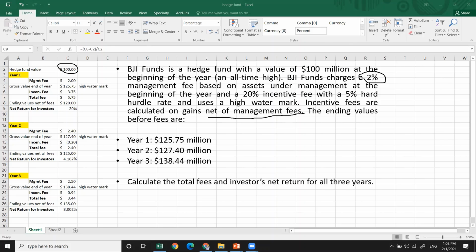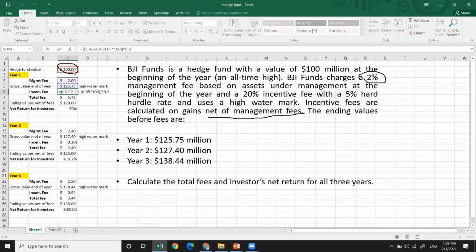And we calculate the incentive fee, just a second. So from C5, which is the end year value that we generated, minus C2, which should actually be the management fee.